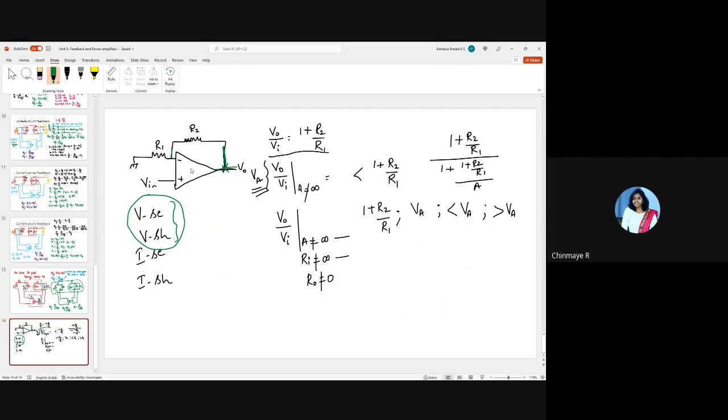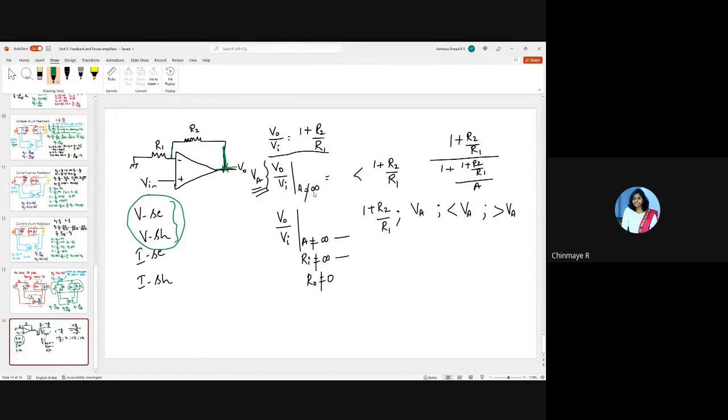Now if this op-amp is ideal in all respects, that is, if it has infinite gain, infinite input impedance, zero output impedance, in that case the gain V0 by Vin is given as 1 plus R2 by R1, which we have derived. We have also derived the gain V0 by Vi when the op-amp is ideal in all respects except for the gain.